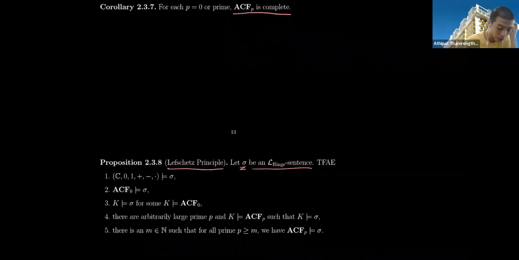The first one: if sigma is true in the complex field, then it must hold in any algebraically closed field of characteristic 0. And if it holds in an algebraically closed field of characteristic 0, it must be true in some algebraically closed field of characteristic 0.